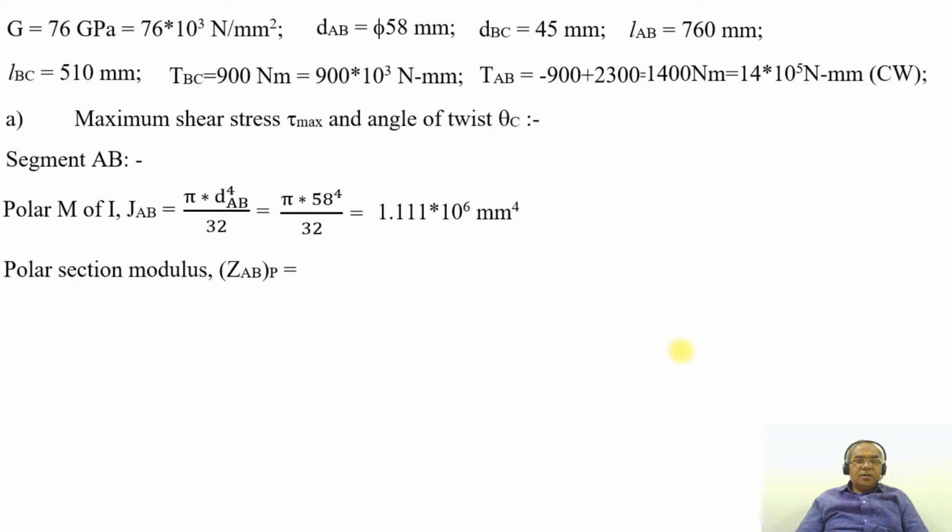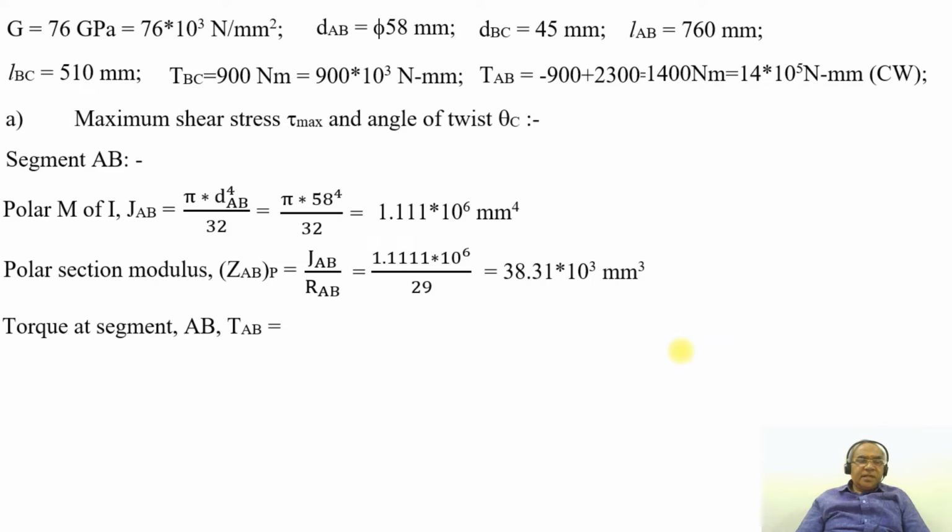The polar section modulus ZAB will be equal to JAB by RAB. Substituting these values, 1.1111 into 10 to the power of 6 divided by 29, because 58 by 2 is 29. On simplification, you will get 38.31 into 10 to the power of 3 mm cube.